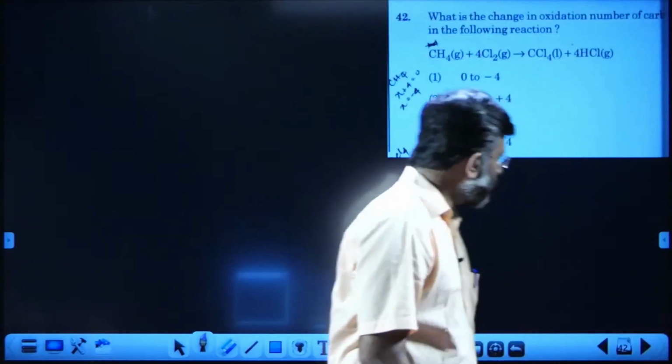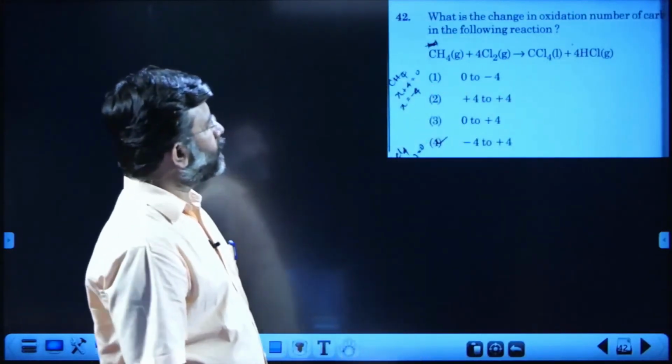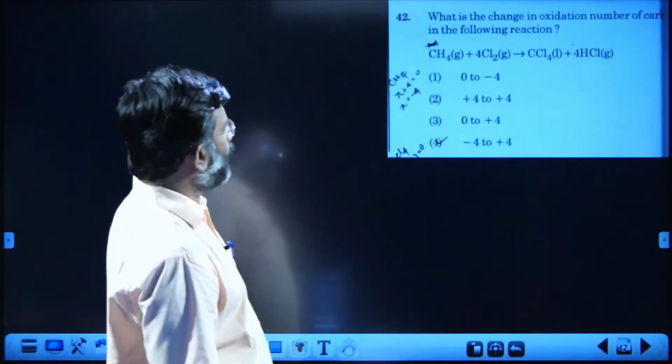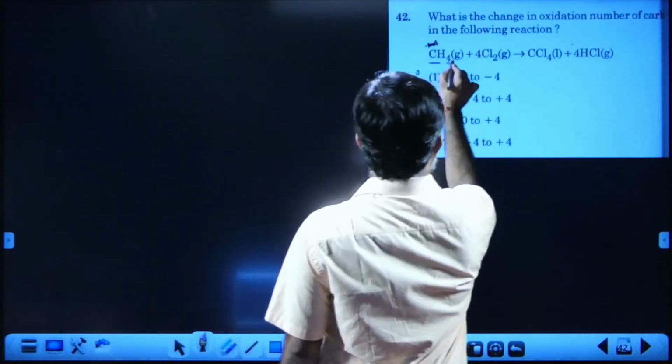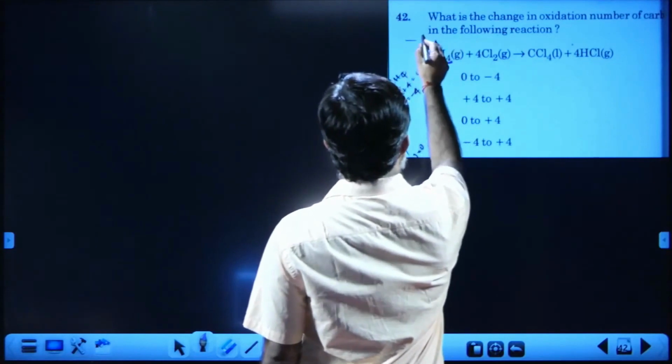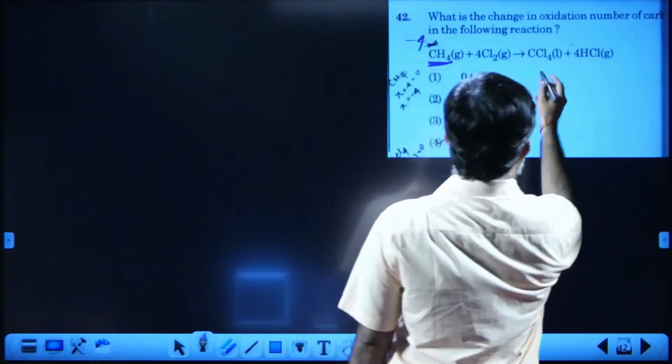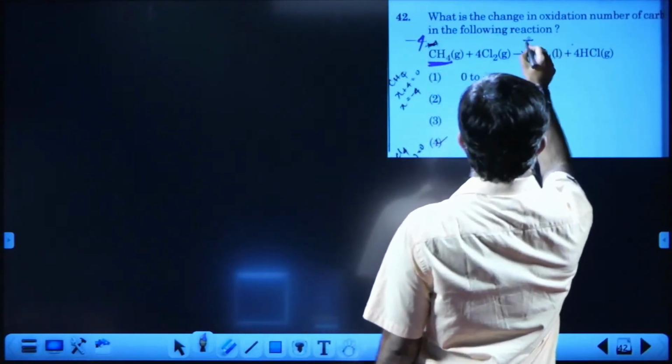Question number 42. What is the change in oxidation number in the reaction? Simple question. Carbon in methane is -4 and carbon in CCl4 is +4.